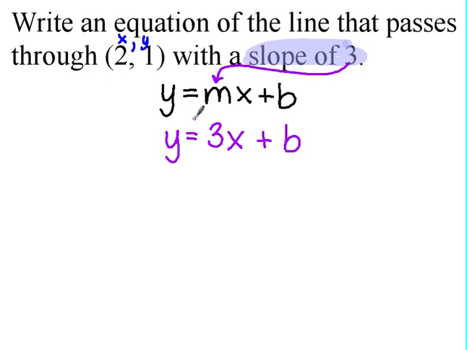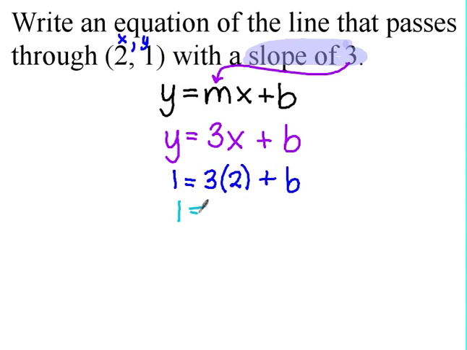So what I'm going to do now is sub in 2 for x, and sub in 1 for y. So down here I said I'm going to sub in 1 for y, and I'm going to sub in what for x? 2. Good. So now, what's the only variable left? B. So now I'm going to be able to solve.